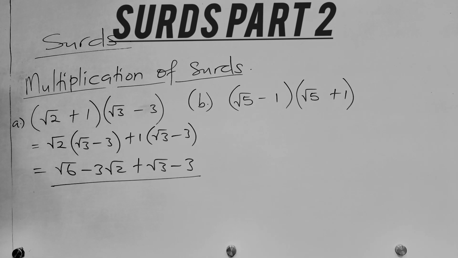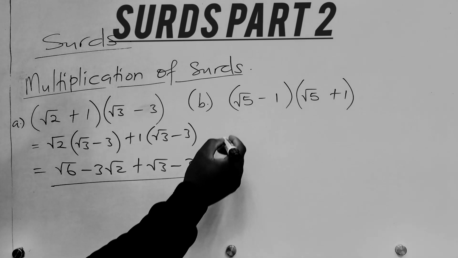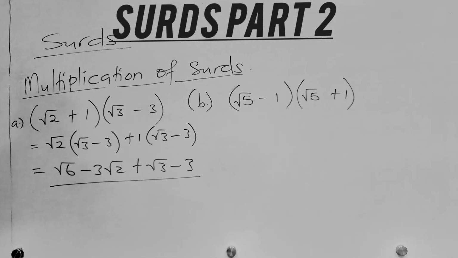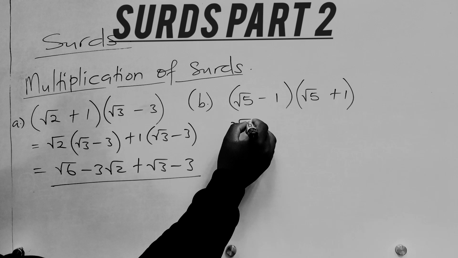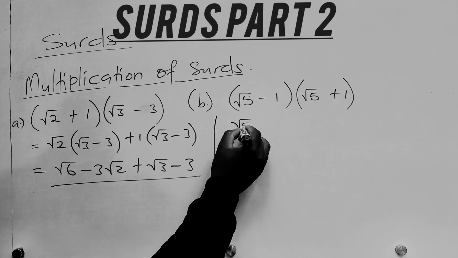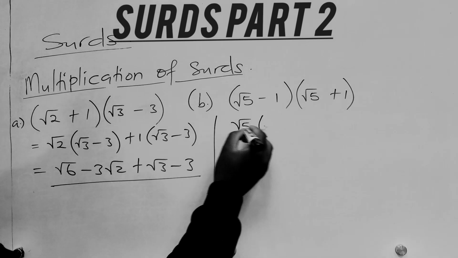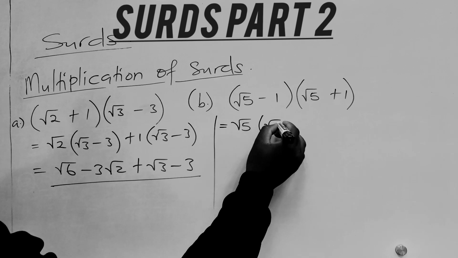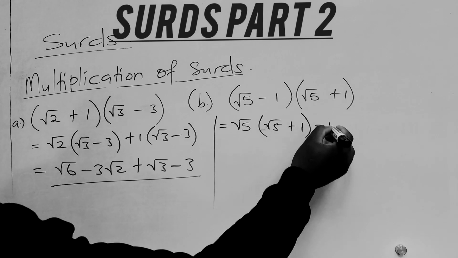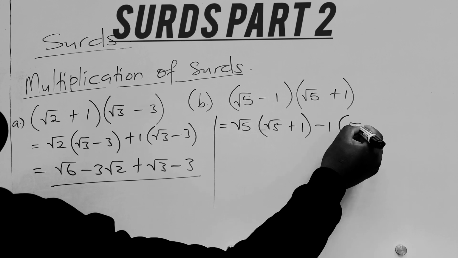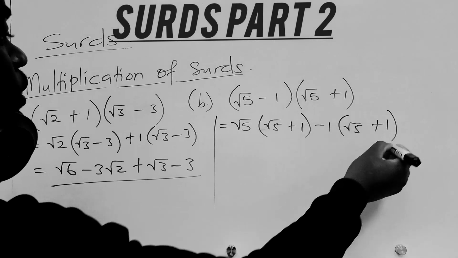Next question, B. This one we multiply root 5 times. Let me expand it first. This is root 5 multiplied by root 5 plus 1, then minus 1 multiplied by root 5 plus 1.